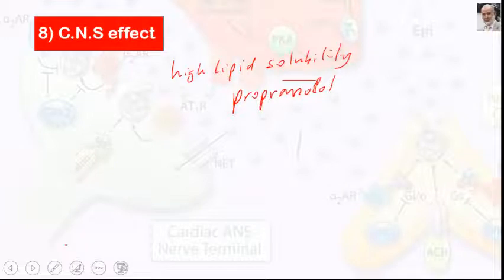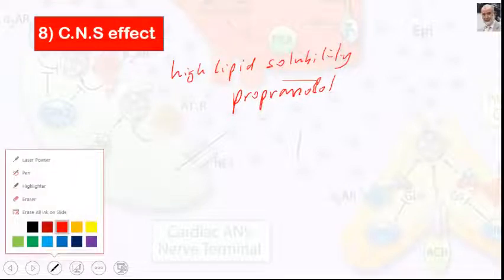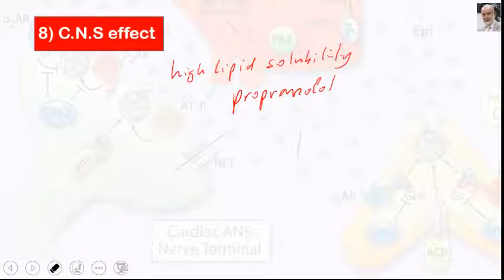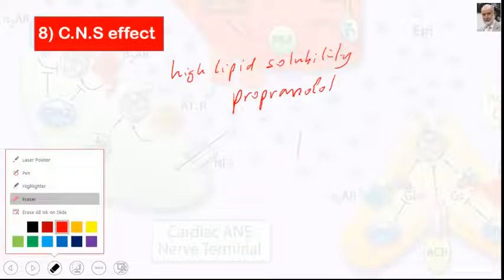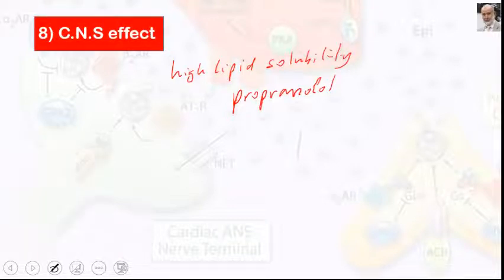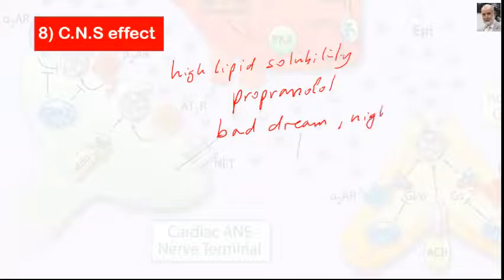Propranolol, as we have said, has a high lipid solubility, therefore it can penetrate the blood-brain barrier and can produce central and peripheral effects. Propranolol produces bad dreams, or what's known as nightmares. These are very common side effects with beta blockers which have a central effect.